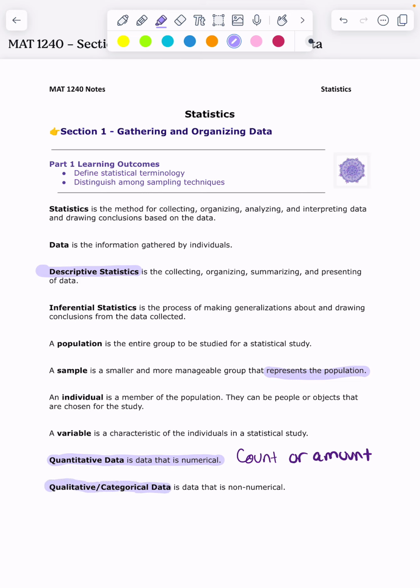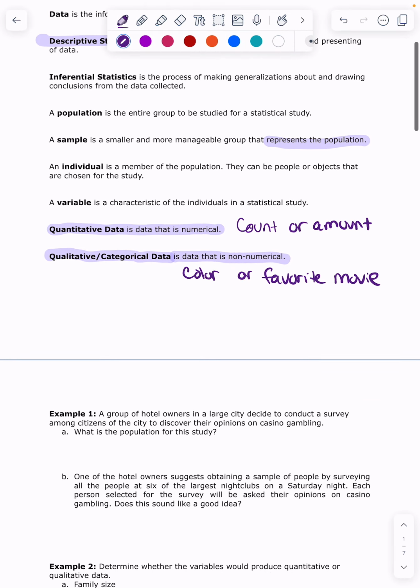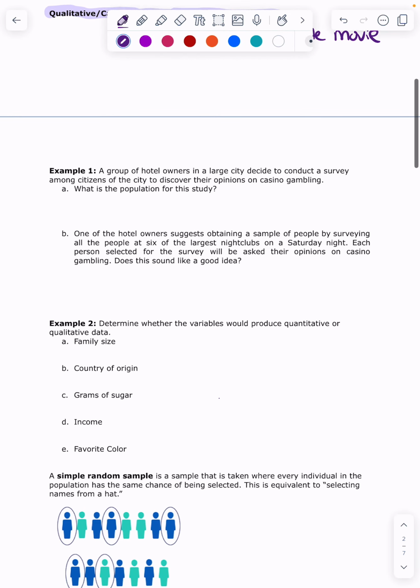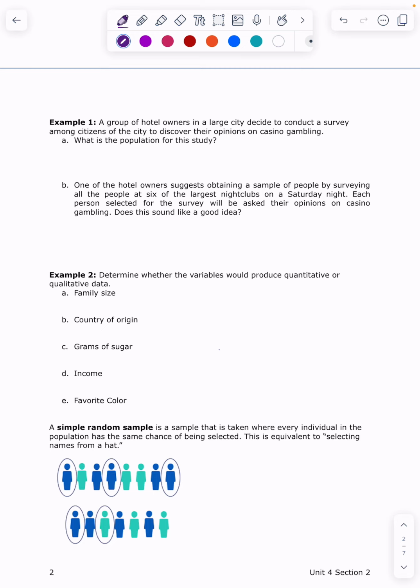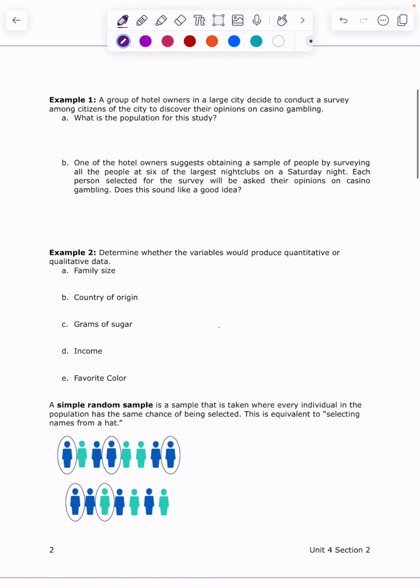Qualitative or categorical data is data that is non-numerical. So that could be like color or favorite movie. So we're going to decide in example 2 which ones are quantitative and qualitative. But before we get there, we have an example.